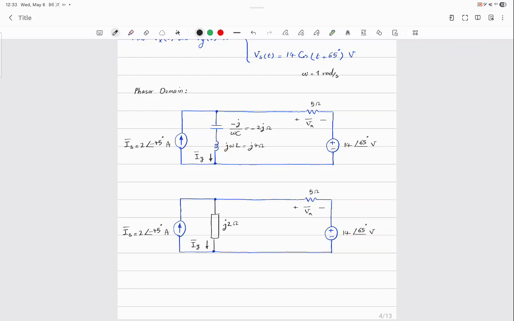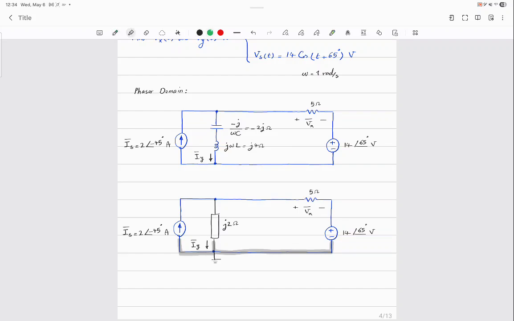Okay, which one do you want to go first? I think it doesn't matter. We can actually find both of them. So what do you suggest we do to the circuit now? You want to go for KCL, he said. So I'm supposing that you're going to get this one grounded.